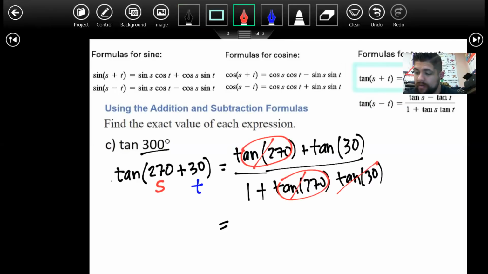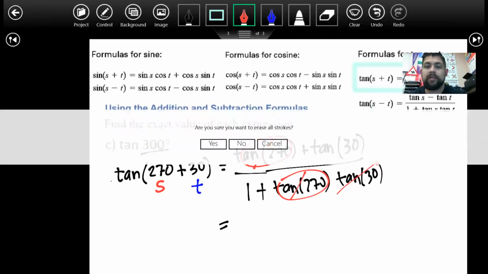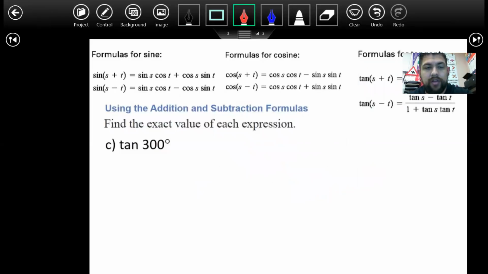So 135, 120 plus. Let's do a different one. I'm sorry, guys, let's clear this and look at two different numbers.